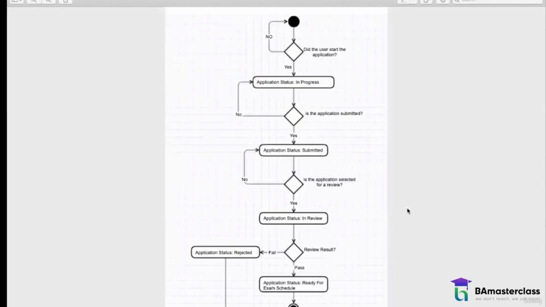If you had to create an activity diagram for this process, what would your activities say in this diagram? What would it look like? Can anyone think and tell? I want you to understand the difference between an activity diagram and a state diagram.